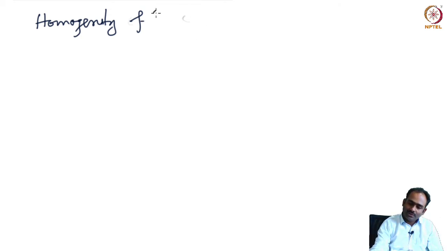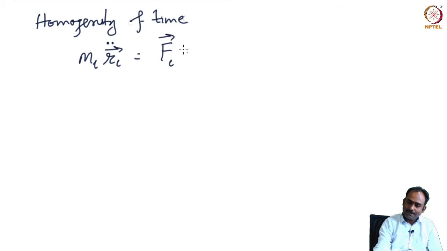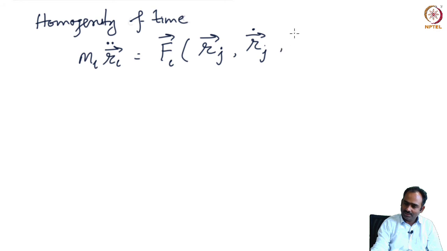So m_i r_i double dot is the force on the ith particle, which depends on where each particle is located at that time. I am suppressing the t here. I could have put a t here as well, which I am suppressing for now. That's what we wrote earlier.